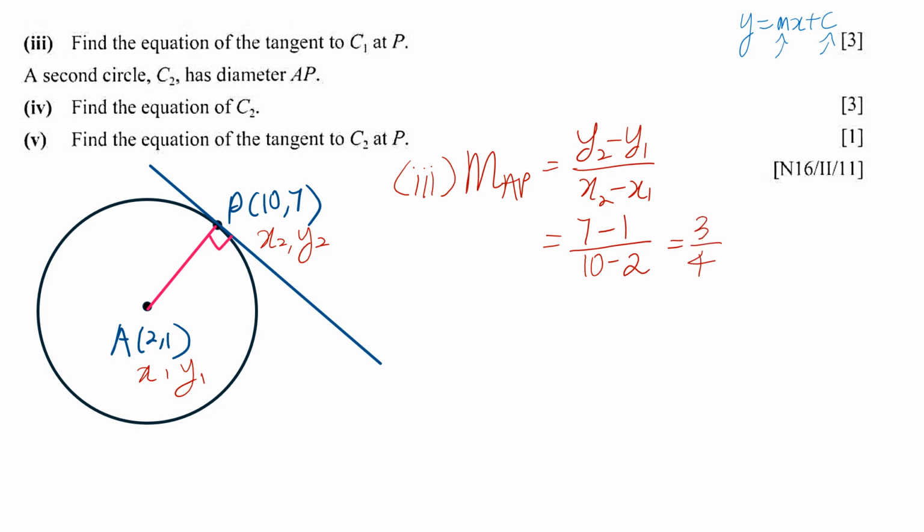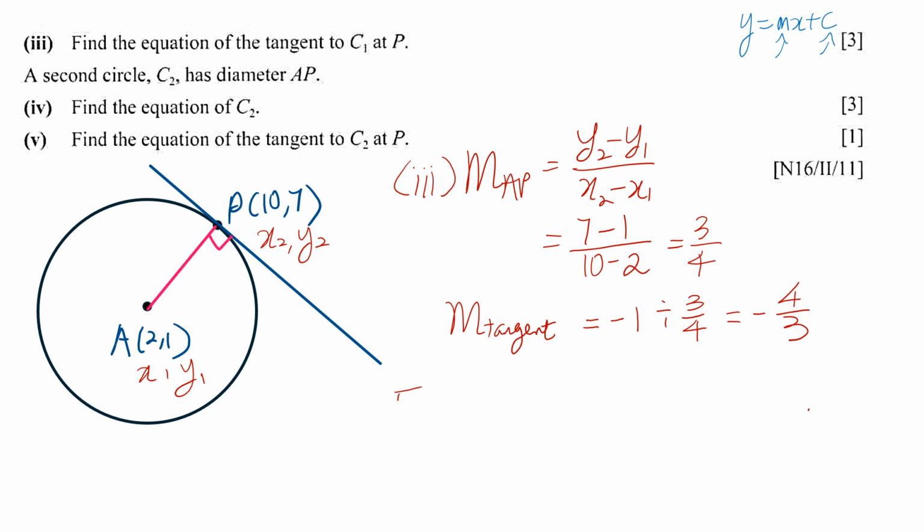Right, so therefore the gradient of your tangent line will be -1 divided by 3/4, and that gives you -4/3.